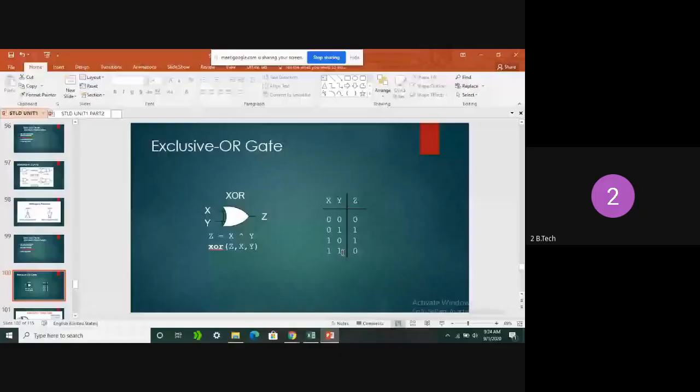So what is the output of the exclusive OR gate? 0, sir. 0. That's why this gate is also called a dissimilar gate. If the two inputs have different, opposite levels, then only it produces one as output.